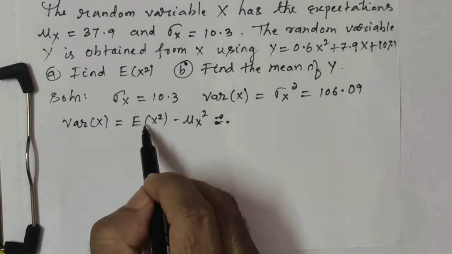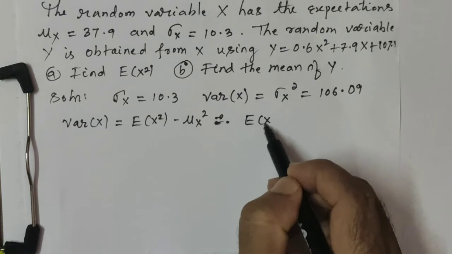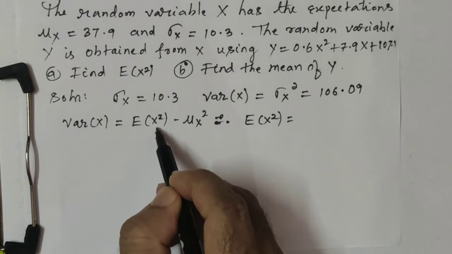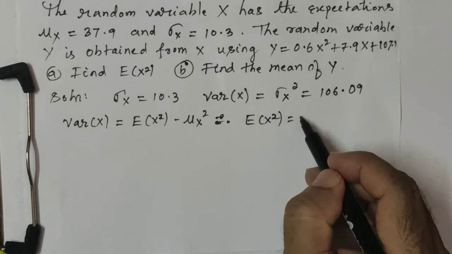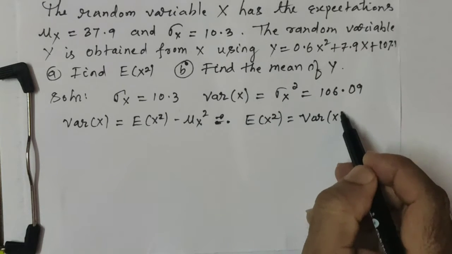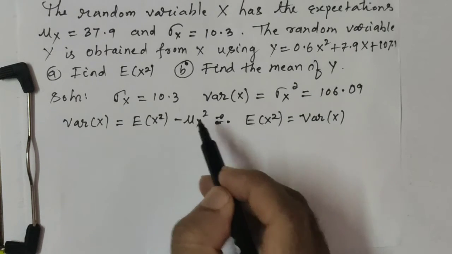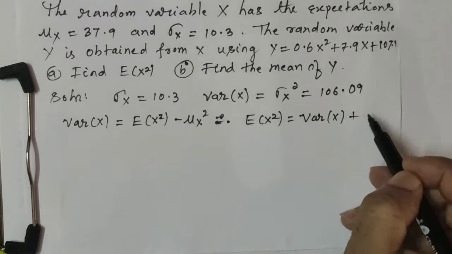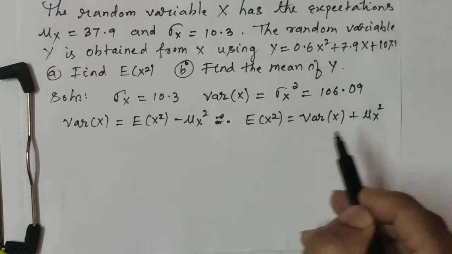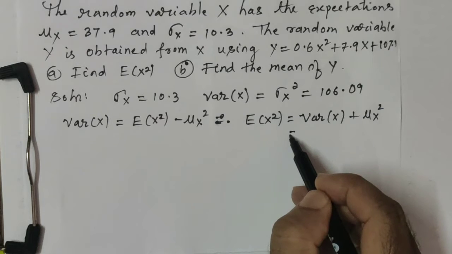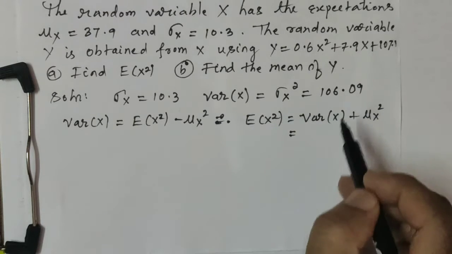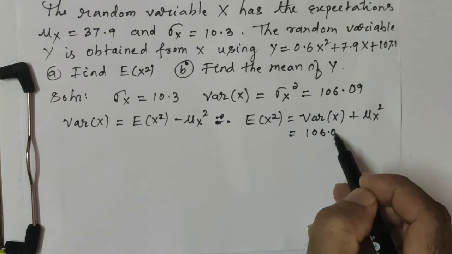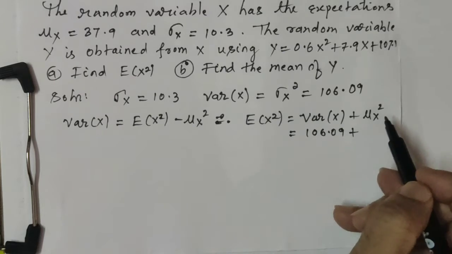Therefore E of x square is equal to, shifting to this side, variance of x plus mu x square. So E of x square is equal to variance of x, 106.09, plus mu x square.